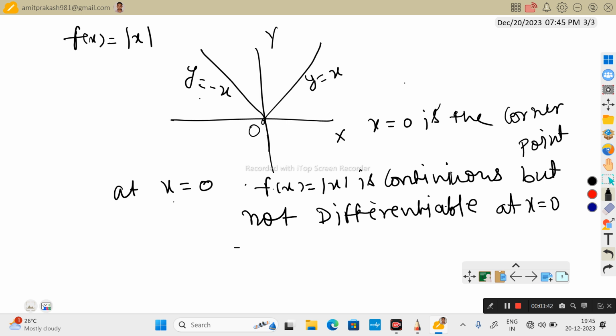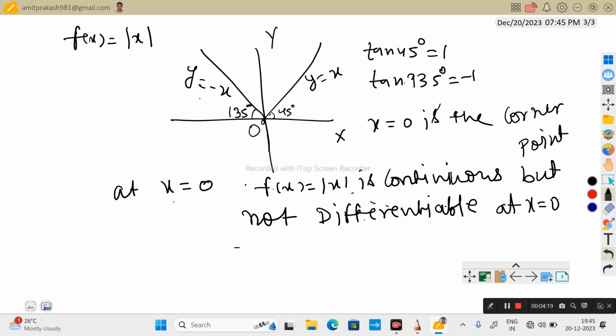At x equals 0, the function does not have a unique tangent, because on the right the slope is 1, which is tan 45 degrees equals 1, and on the left side of 0 the slope of the tangent is minus 1, tan 135 equals minus 1.